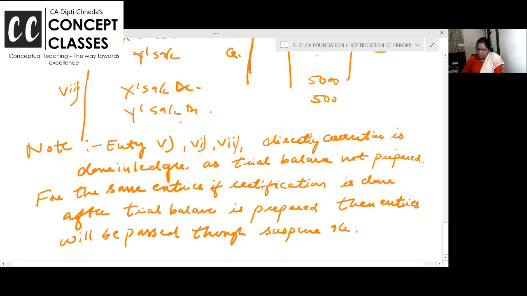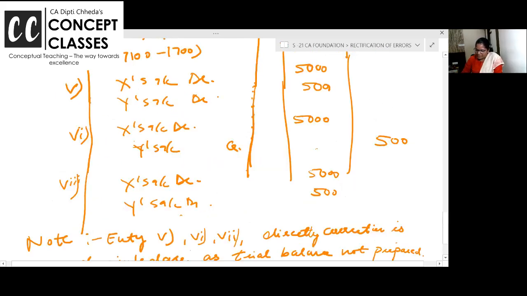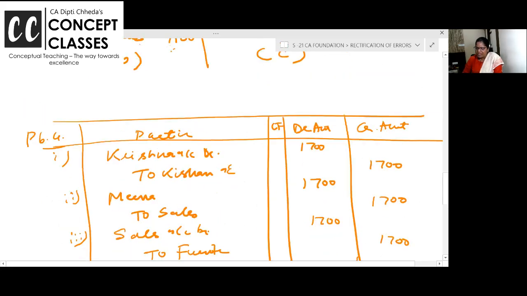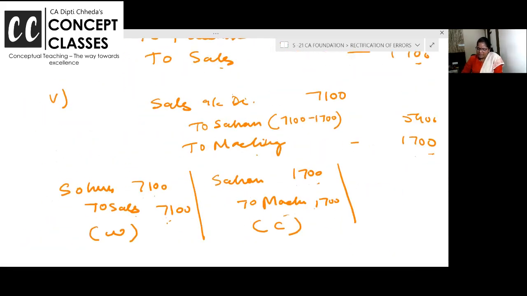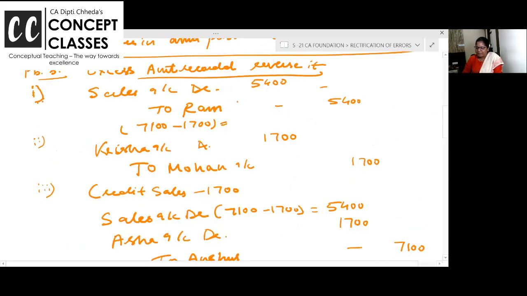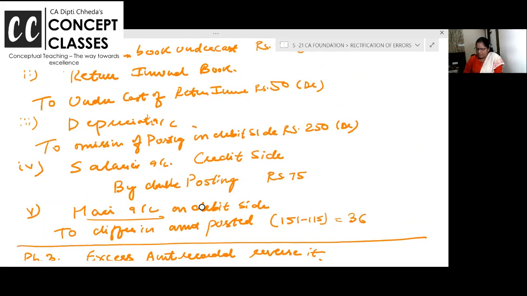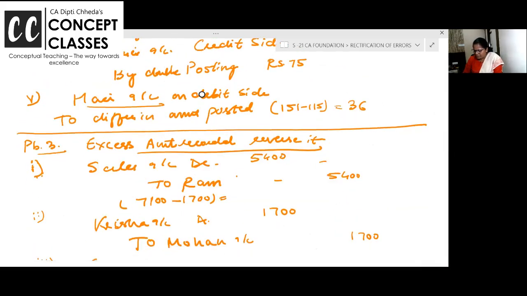Anything you want me to scroll up? In evening batches, many students say, ma'am, please scroll up, I have not written the third entry. Anyone who has missed anything in today's class, please say. So nice conceptual building problems we have done in today's class.